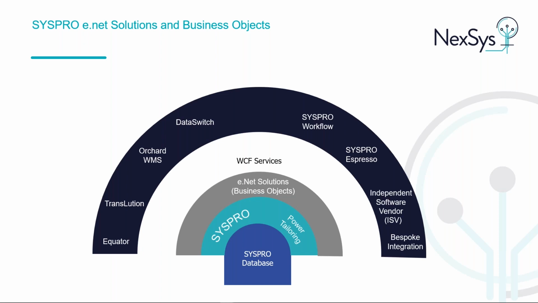So on top of that, we have our WCF service, and then we have various products that can be used to call these. Some of these are either data collection or a bit more no touch type products, like Data Switch, or even Espresso and workflow, that do a lot more in the background without requiring that user input.